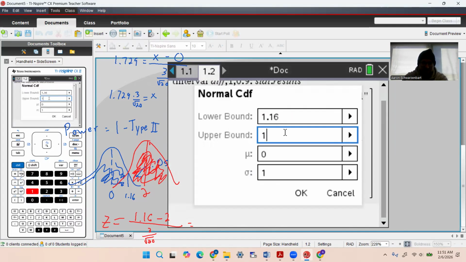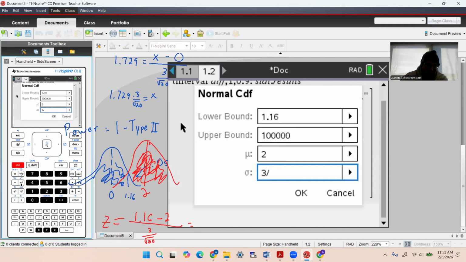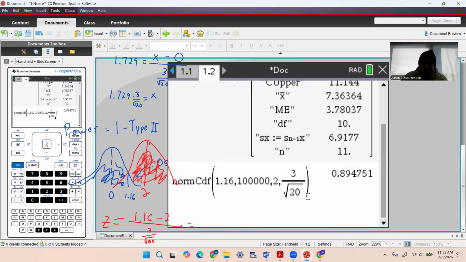My upper bound is going to be roughly infinity, so I'm just going to call it something like 10,000 or 100,000. My mean is 2. My sigma is 3 divided by square root of 20. And I get 0.89.